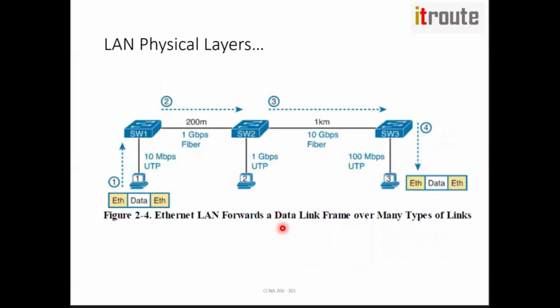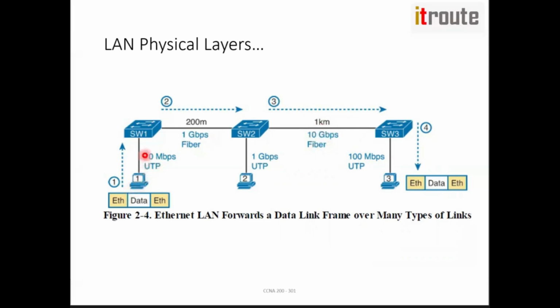Now, LAN physical layers. We have switch 1, switch 2, and switch 3. And we have some PCs, let's say PC1, PC2, PC3. Between switch 1 and switch 2, we have connectivity with fiber cable, which is 1 Gbps. Between switch 2 and 3, we have connectivity with fiber cable at 10 Gbps speed, and the distance is 1 kilometer.